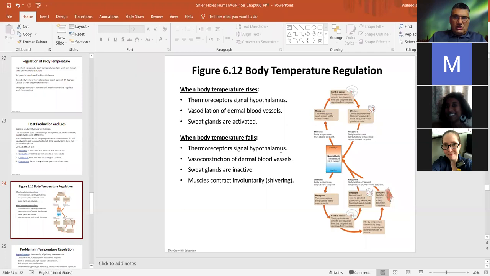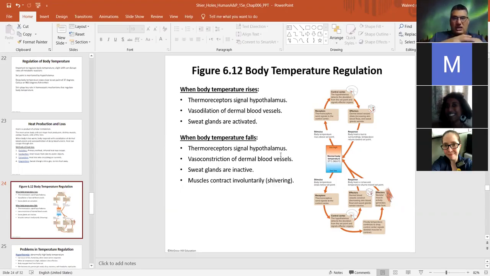If it is getting colder, obviously you need to increase the heat, so the thermal receptors in the hypothalamus react. If it's getting cold, you turn on the heating unit in the air conditioning. Apply that here. Your heating unit is your muscles contracting, your skin blood vessels constricting, and you're not sweating that much.